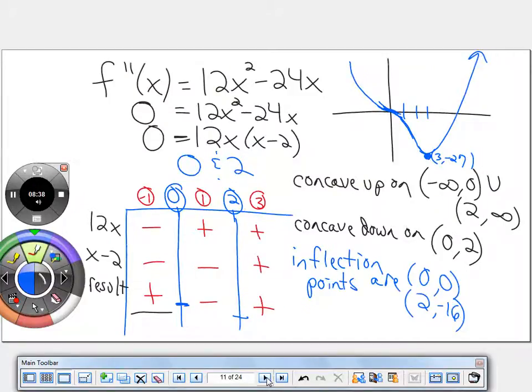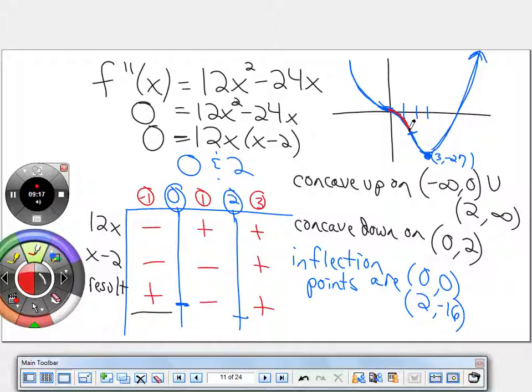Then concavity. It says it's concave up from negative infinity to 0. So all this is concave up, but then it levels out. And then concave up again by the time it gets to 2, concave up to infinity. And they're saying it's concave down from 0 to 2. Analytically, we figured out that it's concave down here, which makes sense. And inflection points, 2, -16.